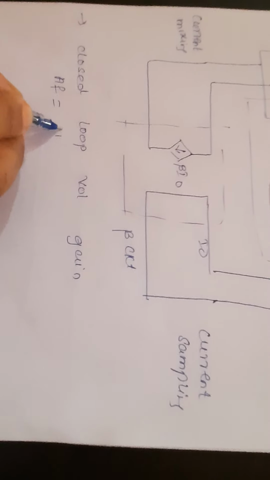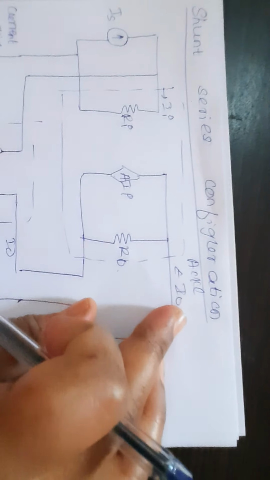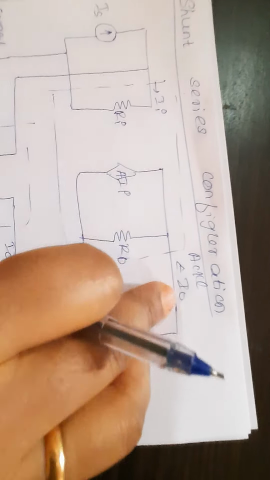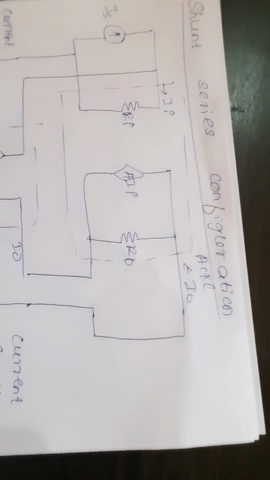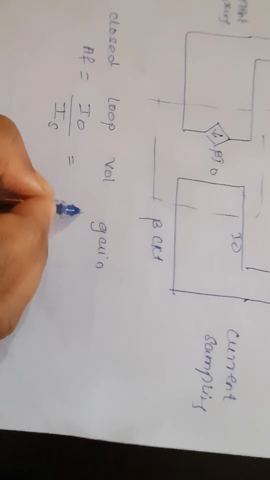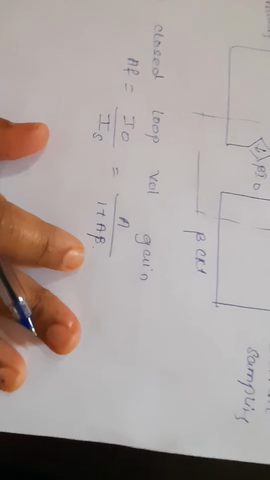Here the output is not V0, it is I0. Gain is output by input, and the input here is IS, so it is I0 upon IS. And we all know the formula for this is A by 1 plus A into beta.